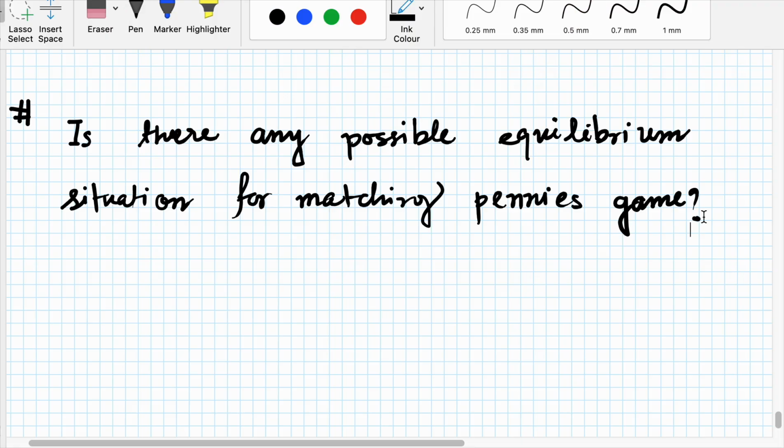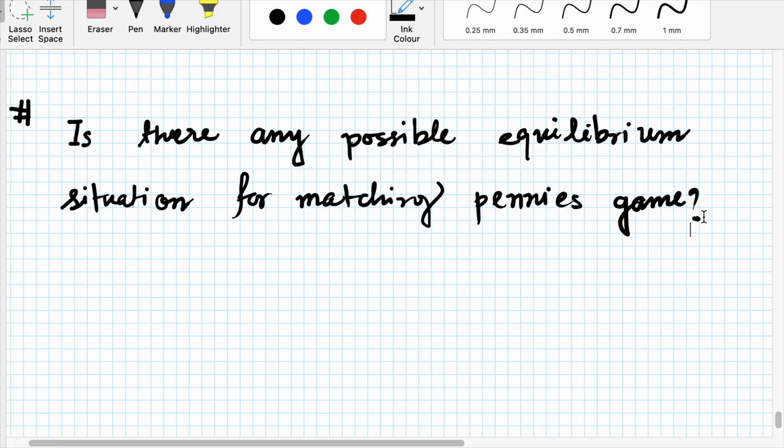To answer this, we have to focus on a point: whenever we are discussing, we are talking in terms of pure strategy.